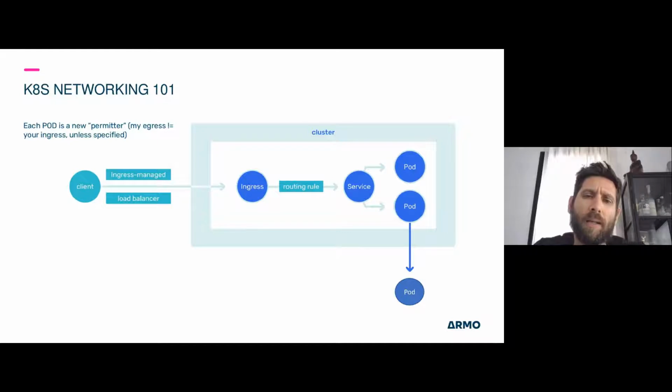It's a logical aggregation, a layer 7 routing entity, if you think about it. But it created a situation where every pod, at the end of the day, is its own perimeter.